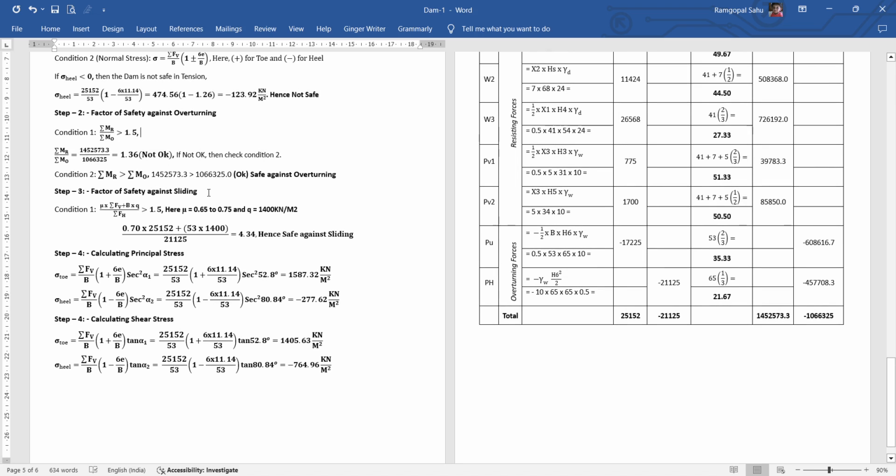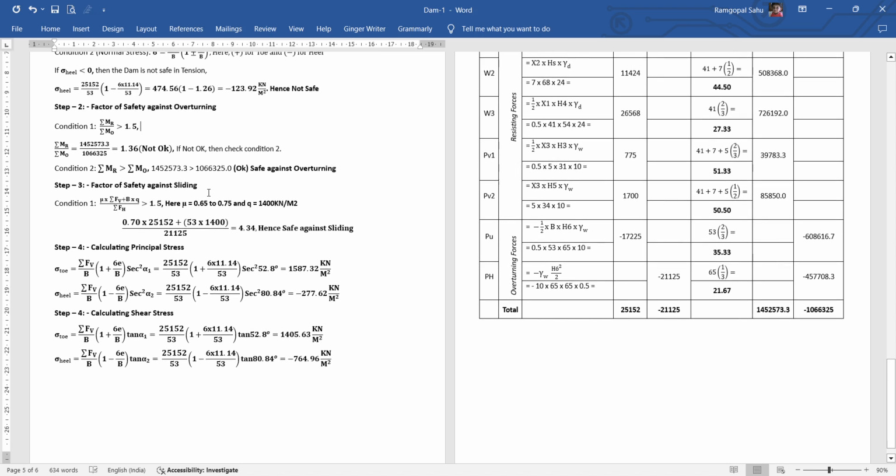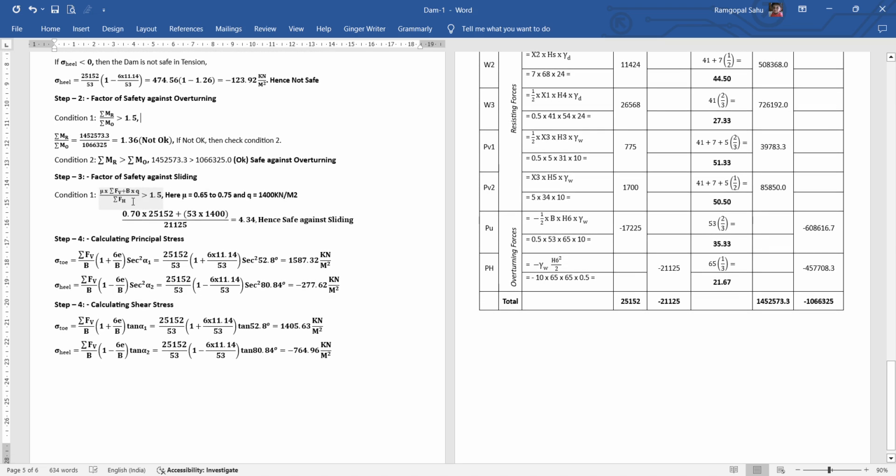Next factor of safety is against sliding. For the sliding case we have one condition: mu into the summation of vertical forces plus base width into q, divided by the summation of horizontal forces, must be greater than 1.5. When we check this value, we find the value is more than 1.5, that is 4.34.